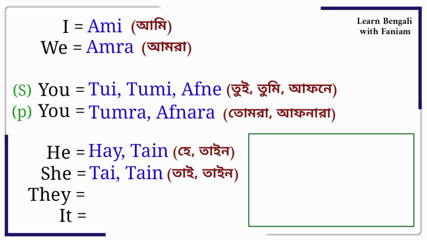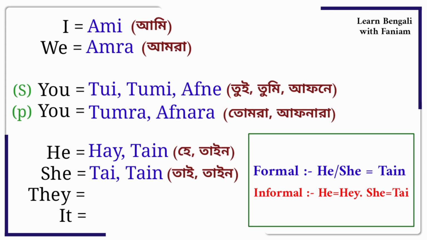You can see an important thing here: when the conversation is formal, you can use thine for he or she, so for both the word is the same. But when the conversation is informal, for he this is he and for she this is thai.